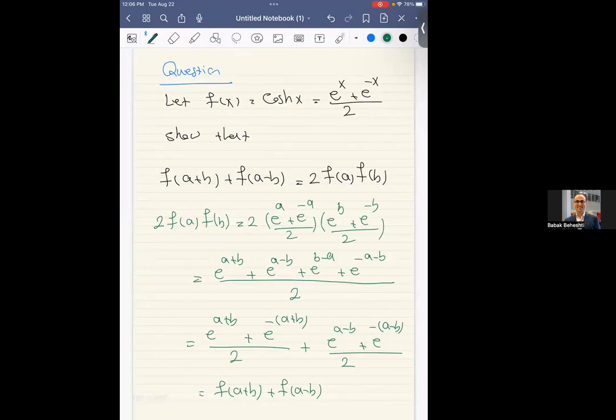We are done basically here, but she wanted me to start from the left side instead of going from right to left. We can go from left to right, which is the same thing.